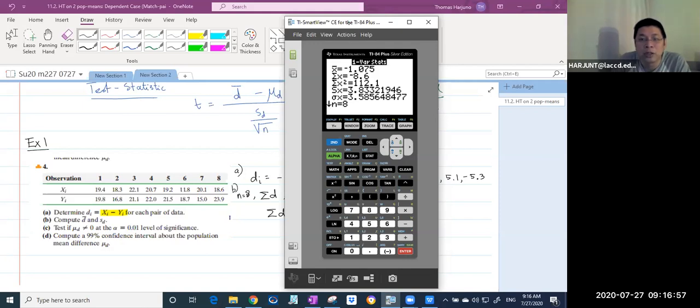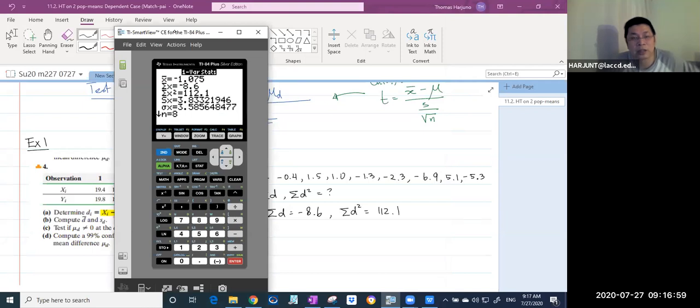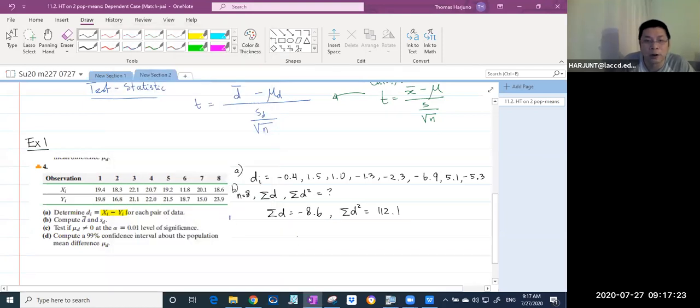Okay, so you see that the sum of x on our calculator, think of that as just the data, right? We know it's supposed to be the differences, D. But the sum of x on our calculator is our sum of D. Sum of x squared on our calculator is our sum of D squared. So I can use this information to compute further what is my D bar and what is my SD.